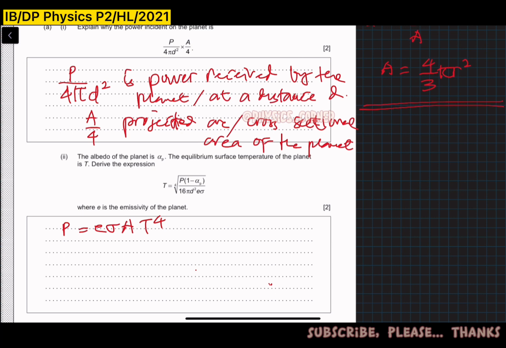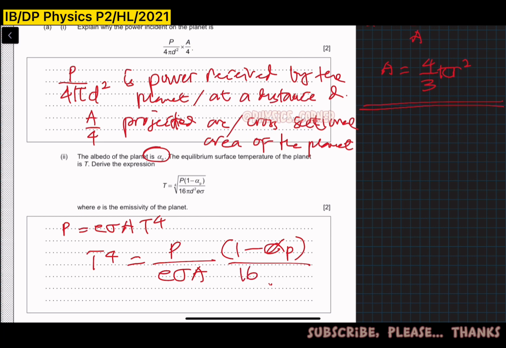Then we can use the albedo of the planet alpha P, so T to the 4 equals to P over E, Stefan Boltzmann constant, A, and this is times with one minus alpha P. So A we can change into 4 pi d square.